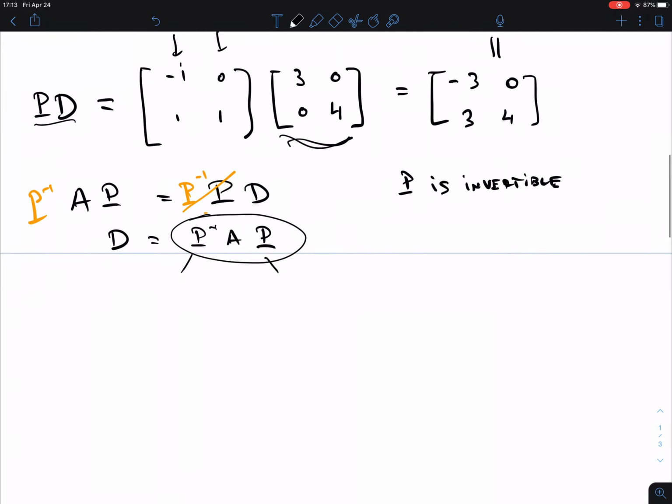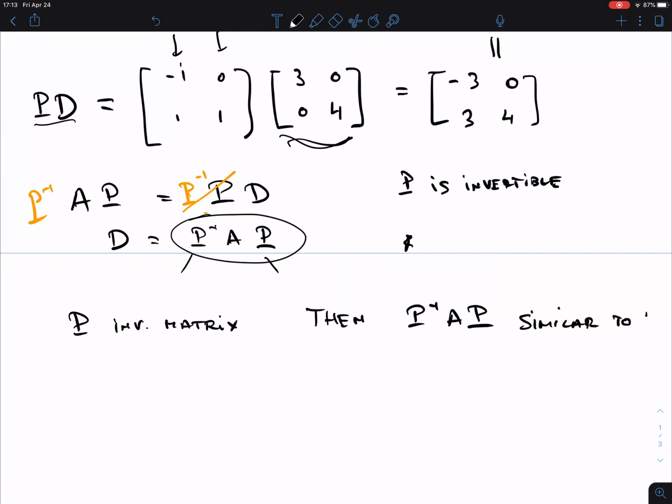So we say that if P is an invertible matrix, but it has to be invertible, because otherwise it doesn't even make sense, then P minus 1 AP, this matrix, is similar to A. Any matrix that we can obtain by multiplying on either side with an invertible matrix and its inverse gives us a matrix that is similar.